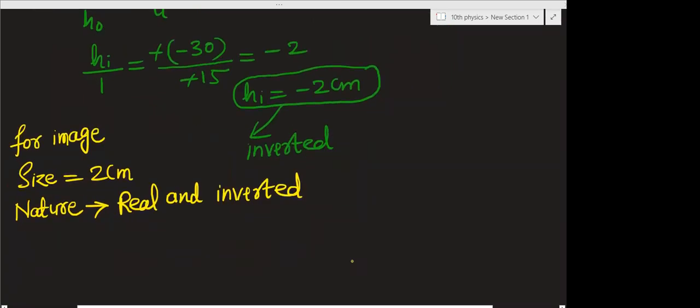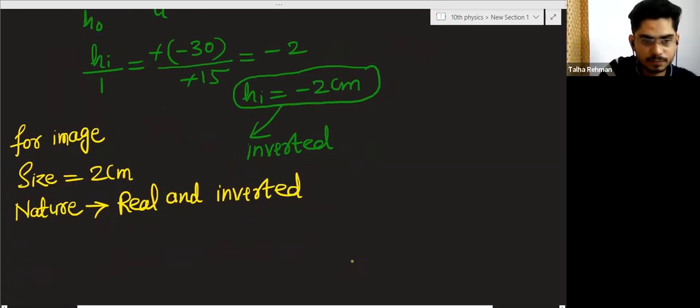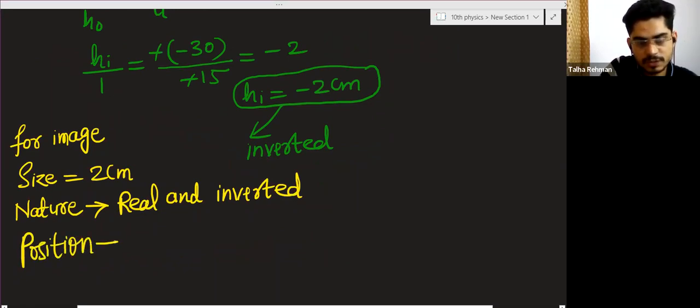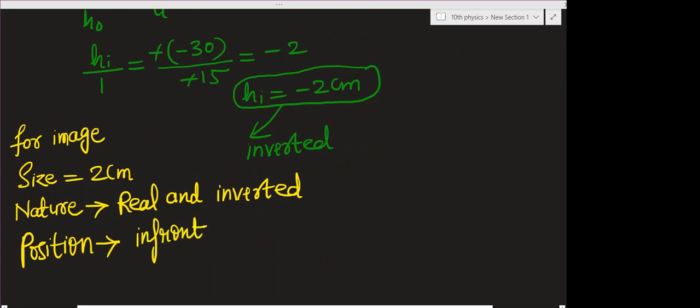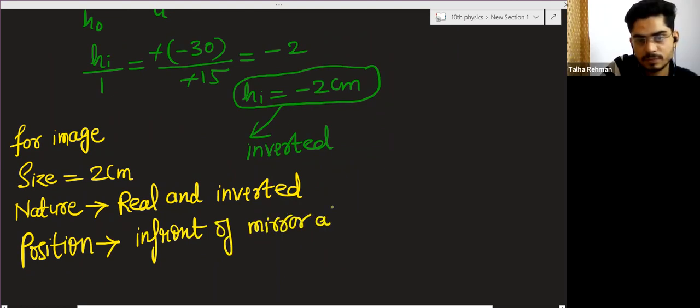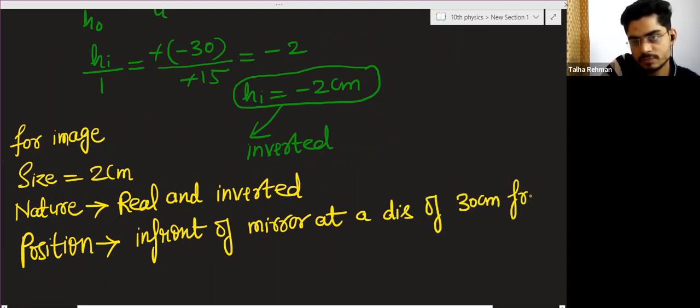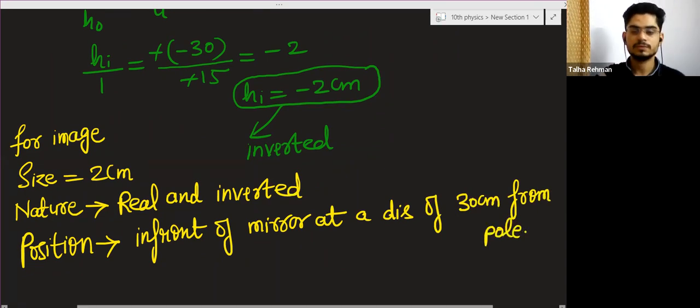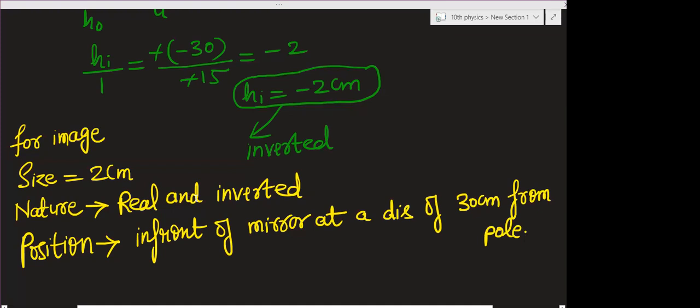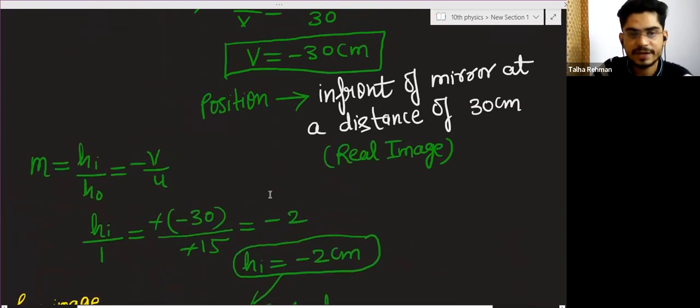And another thing is position. So the position is in front of the mirror, at a distance of 30 centimeter from the pole. Okay. And we will solve more numericals in the next class.